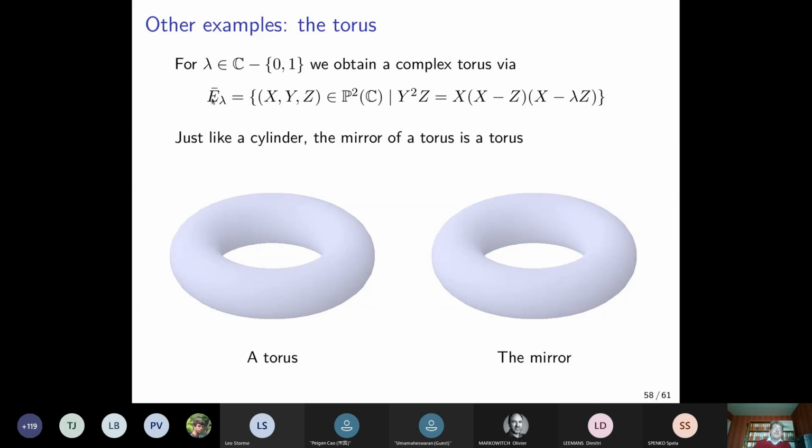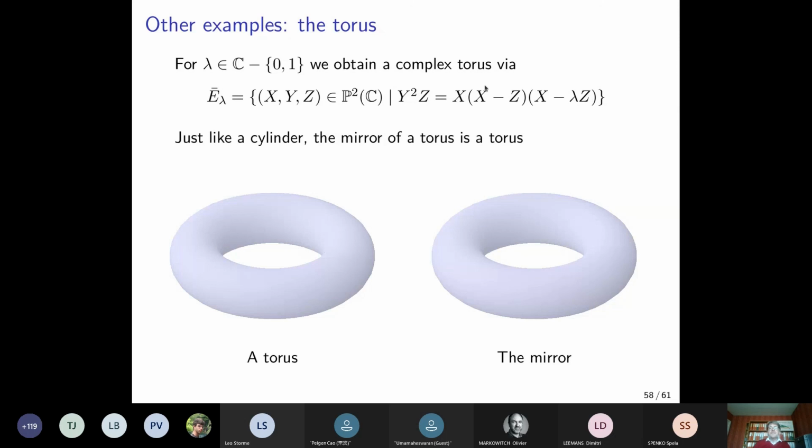And now I go back to the example I had in the introduction. In the introduction, if you remember well, we had some spaces parametrized by a parameter lambda, which were punctured tori. Now I remove the puncture. So I want to get a real torus without puncture, and to do this, I have to use homogeneous coordinates.